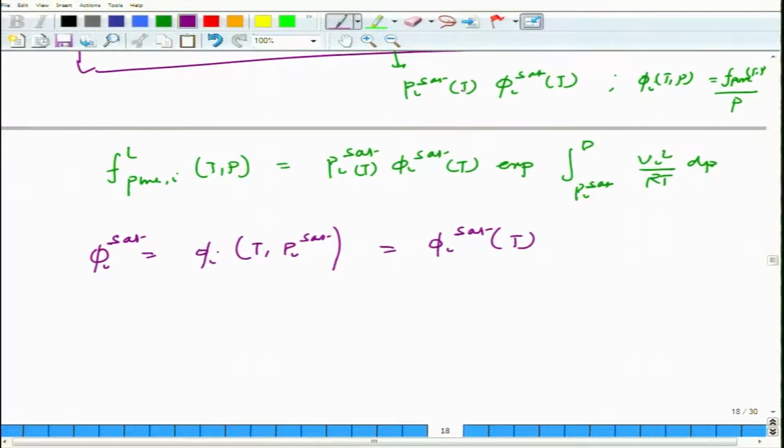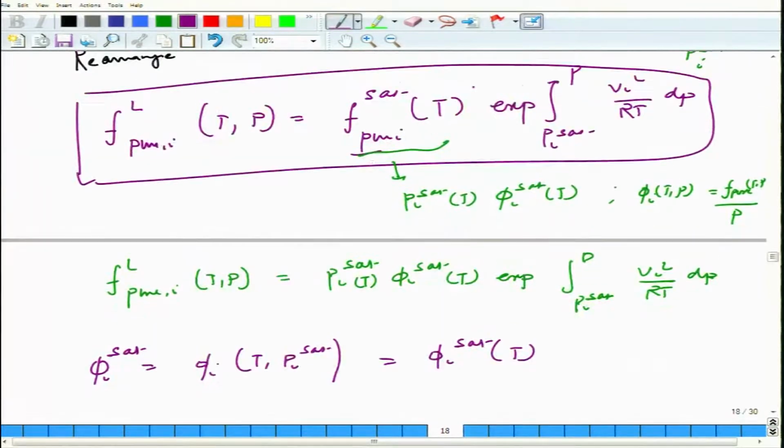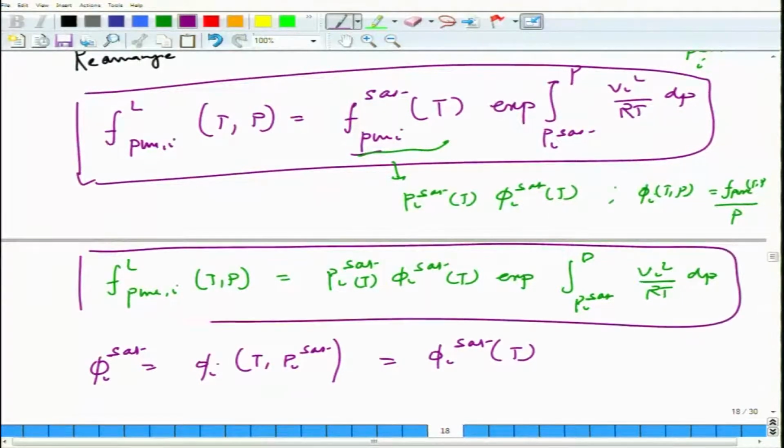If you look carefully, this equation tells you that the fugacity of a pure liquid I is equal to the saturation pressure Pi sat corresponding to T multiplied by two corrections.